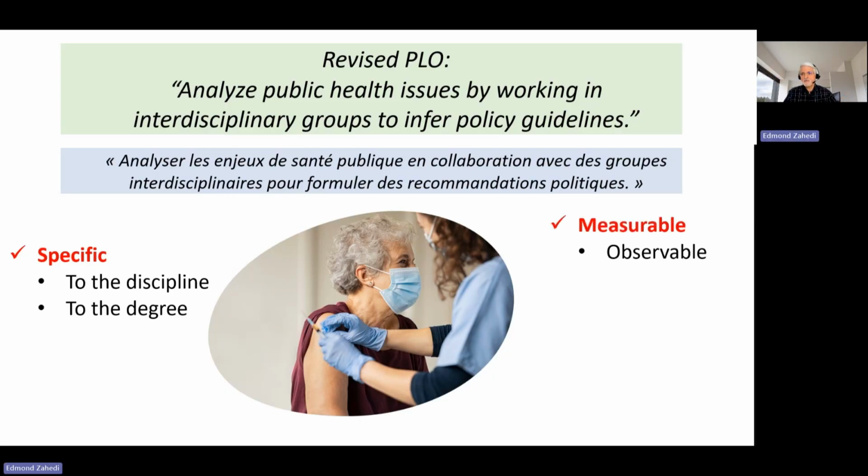And it's measurable. How do I know it's measurable? Well, I have scenarios, case studies, reports. I can share real data with the students and gauge how good they are at analyzing this data, and how well they can justify the policy guidelines they may infer.